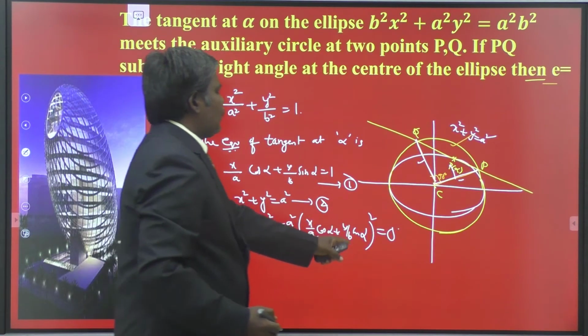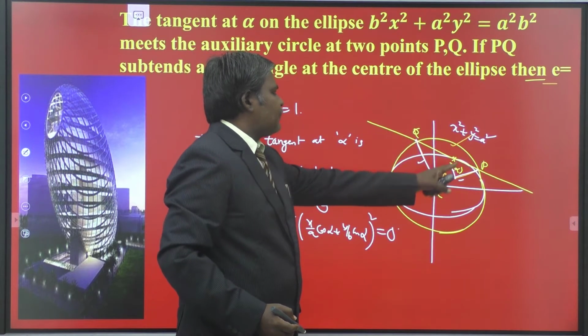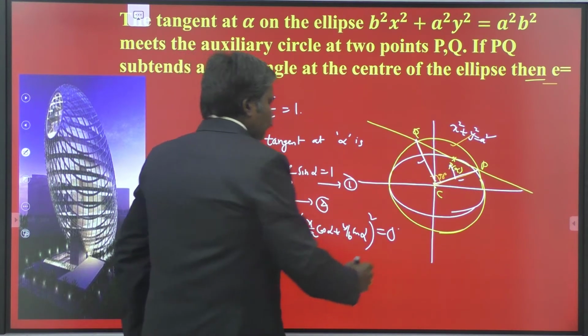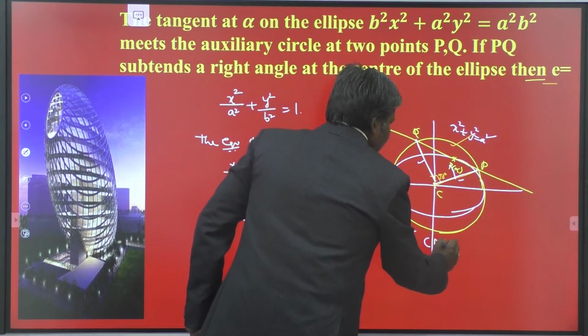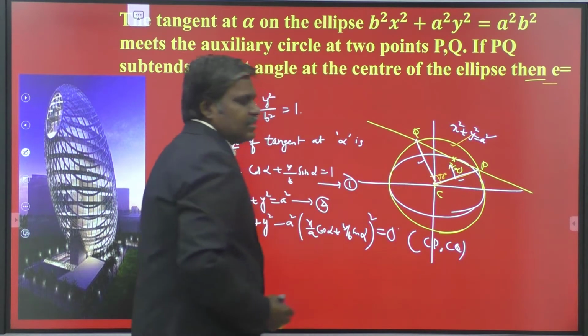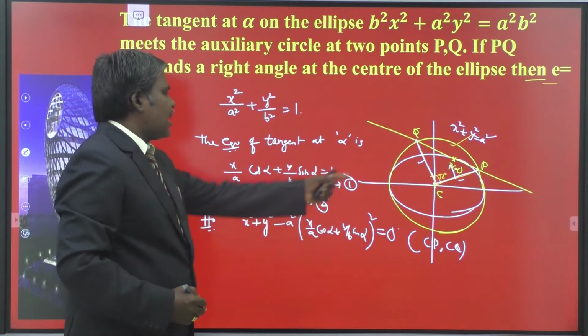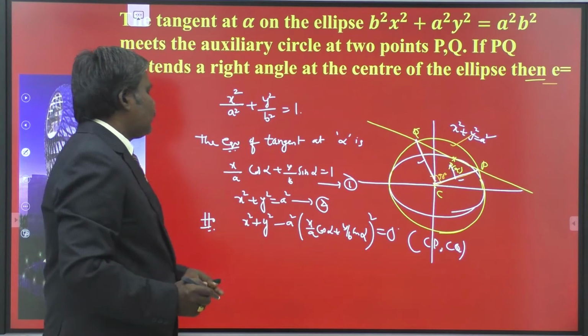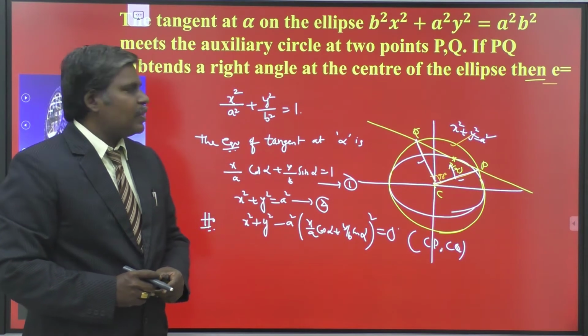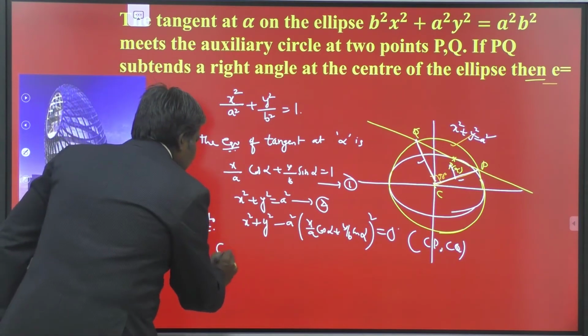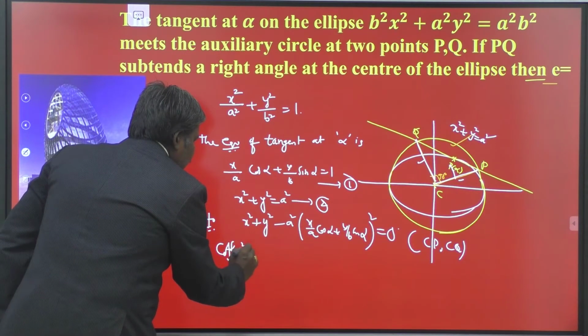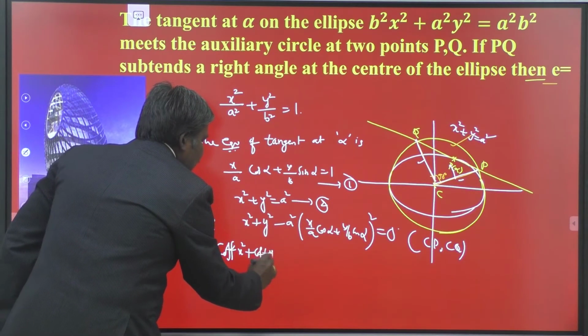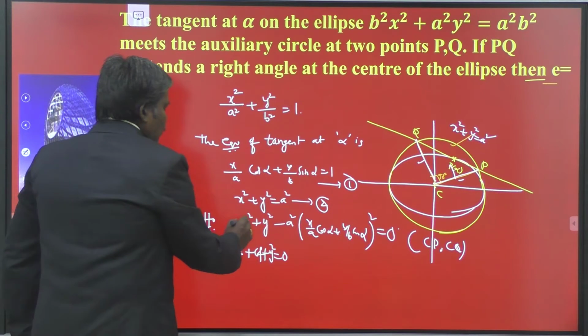This is the equation represented by the pair of lines CP and CQ. Hence, since the angle is 90 degrees, coefficient of x square plus coefficient of y square is equal to 0.